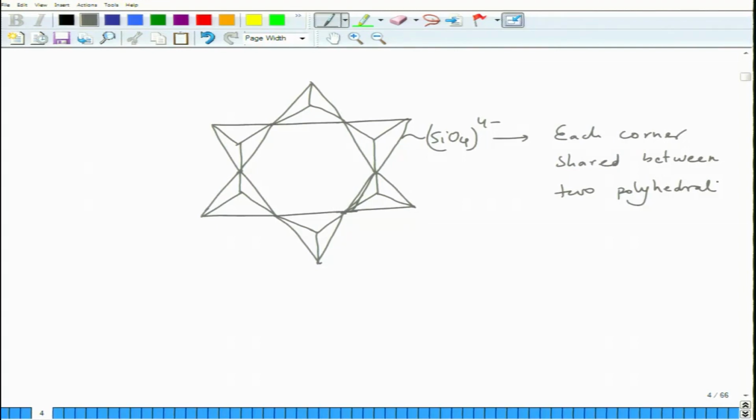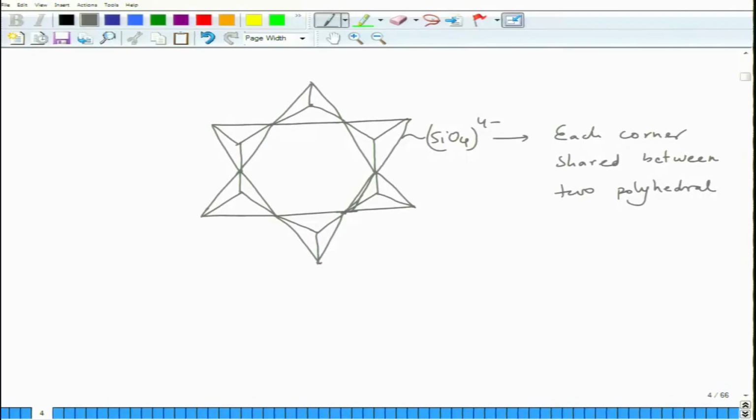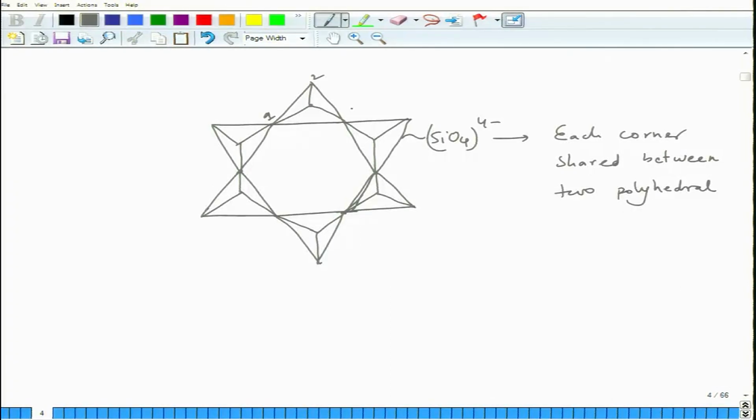What we see here is in the plane, but it is shared out of plane as well. The top of this polyhedron, for example, is going to be shared by the top one. So 1 here, 2 here, 3rd here, 4th here. Si is at the center, O4 divided by 2, it is going to be SiO2.